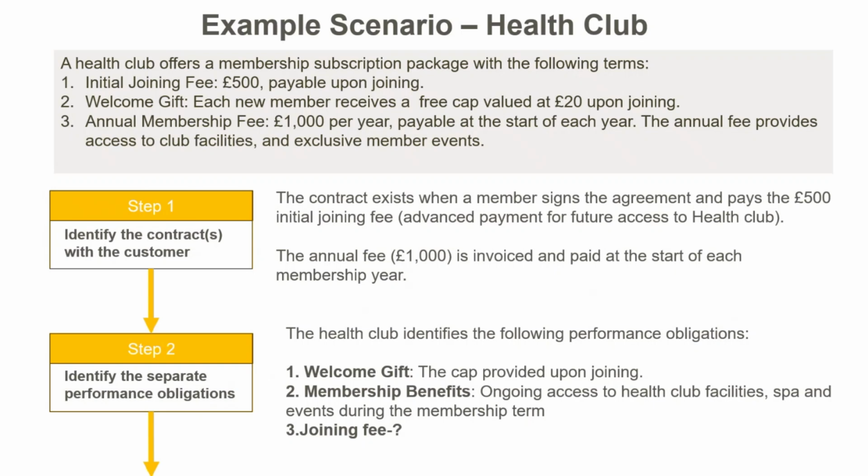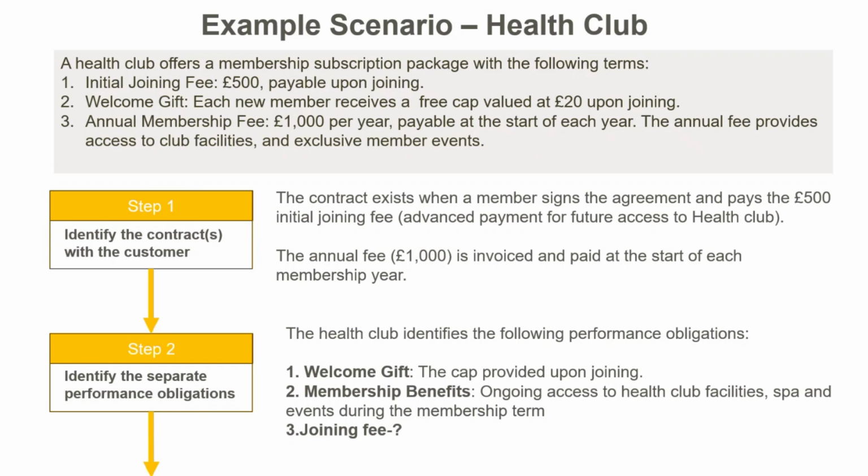So the ICAW, they have already adopted IFRS, which has had these revenue standards in for quite a while now. And when you become a member of the ICAW, you pay an initial join-in fee, and then each year after you continue to pay your membership fee. And the ICAW, it would seem, have identified the join-in fee as a separate performance obligation.